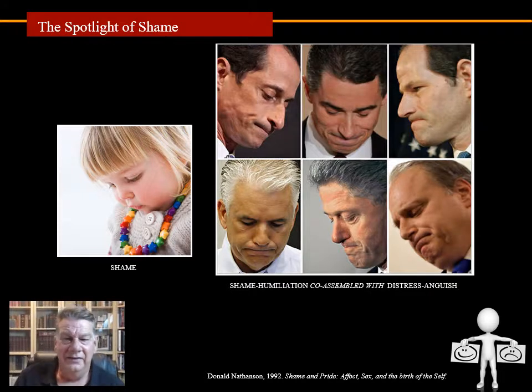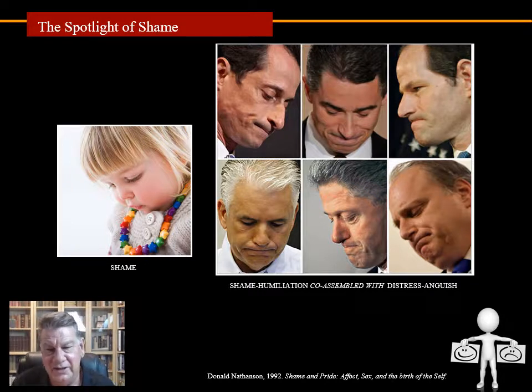The little girl on the left here is showing a typical shame affect response, right? This is not shame emotion, this is affect response. The head bowed, looking away from what's been interesting. It's so universal that this meme was created on the right-hand side. It's actually shame, humiliation co-assembled with distress, another affect.